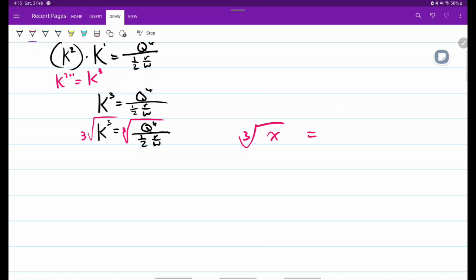Now it is equivalent to write it in exponential form, because why not add another exponent? The cube root is equal to the 1/3 exponent.